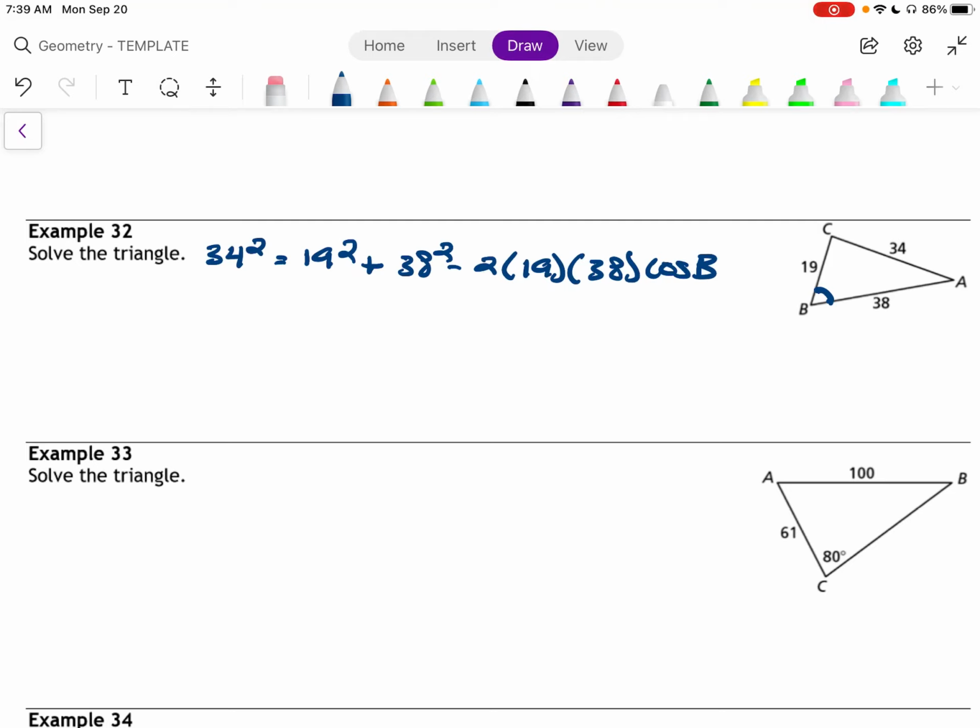Now in my calculator, I'm going to type in 34 squared minus 19 squared minus 38 squared, and I'm going to press enter.